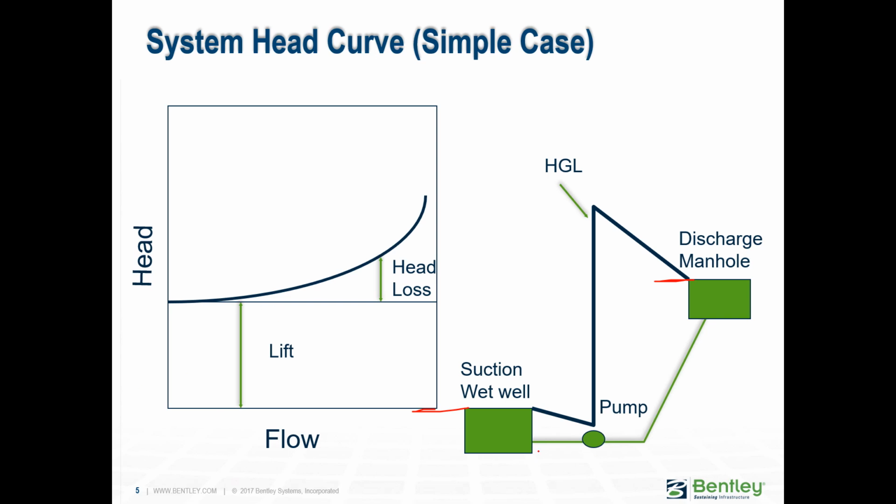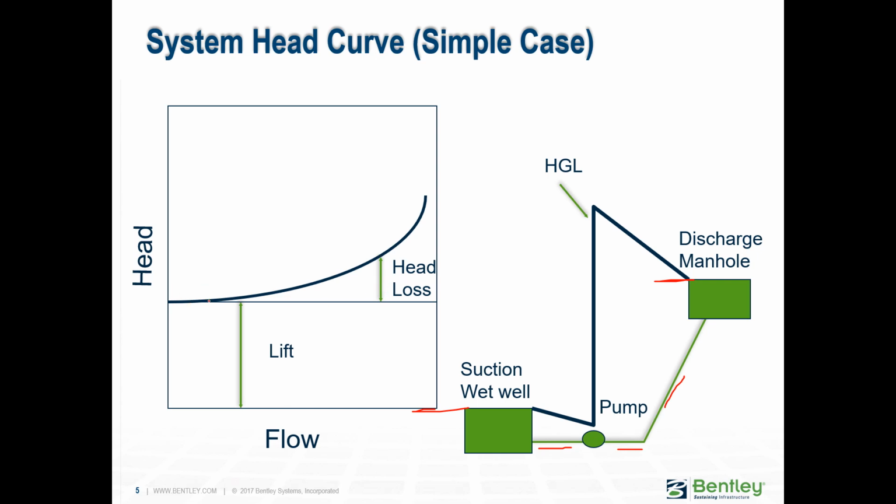But in addition to that, there's going to be friction head losses that happen in the pipe that connects the two, right? And also, if it's a very small diameter pipe, more head losses. So basically, how much work, how much friction do we have to fight to get there? And that is what you see here in this part of the curve called the head loss.